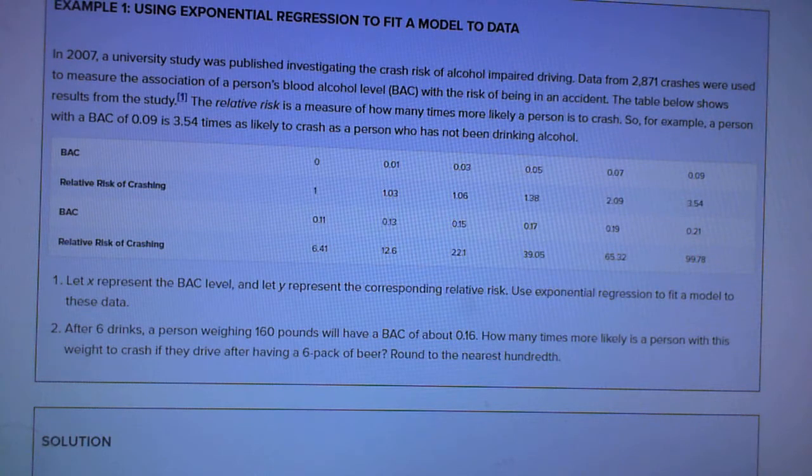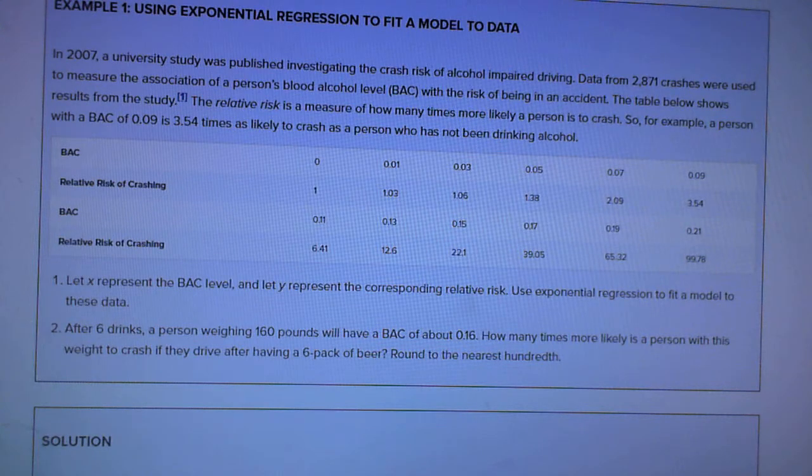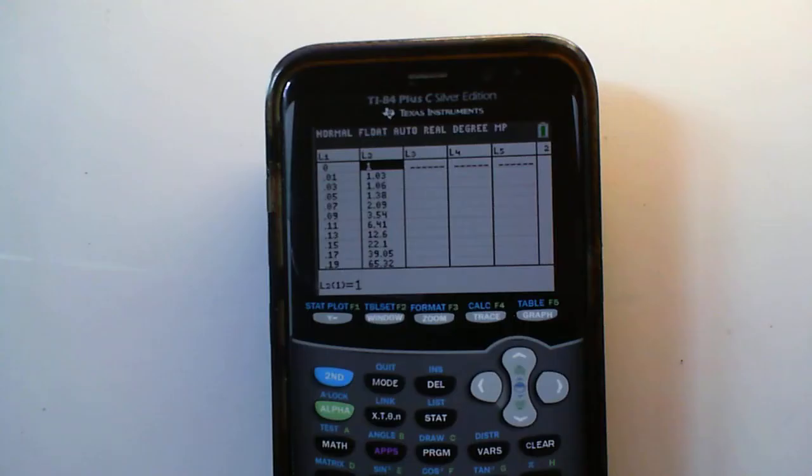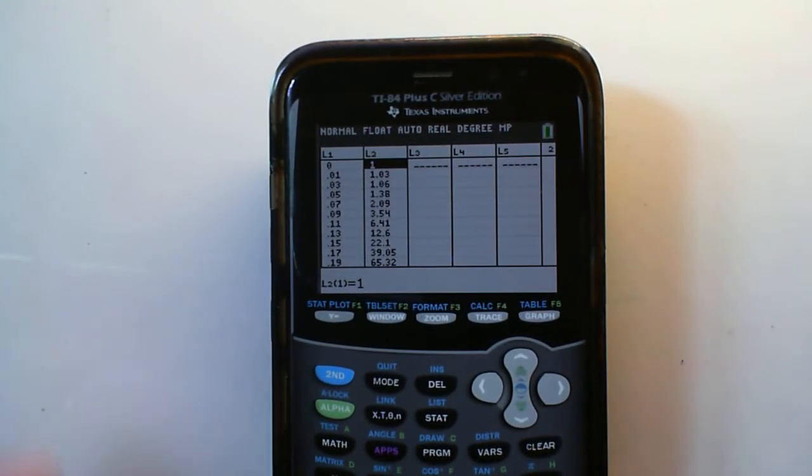At this point, pause the video and input the data. Use the BAC data that you have listed there as your x value listed in L1, and list the relative risk of crashing data as your L2. So we put that data in the calculator.